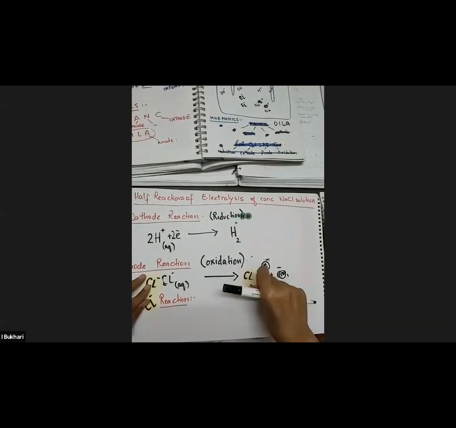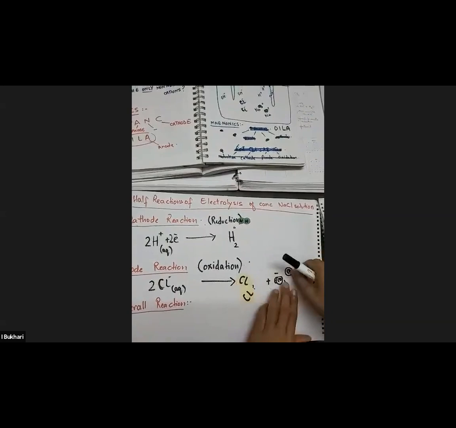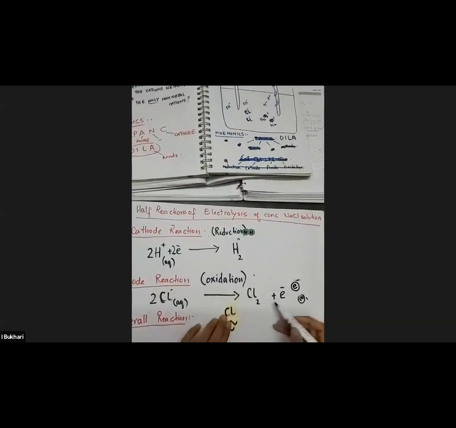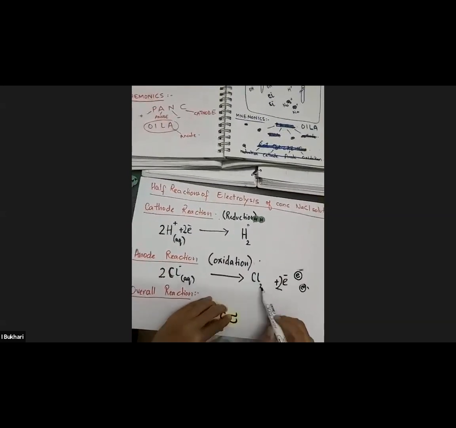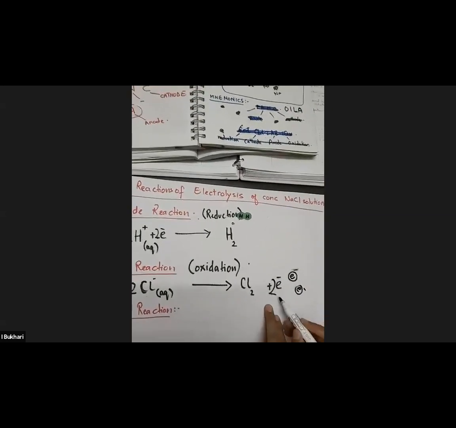This chloride lost this electron and turned into an atom. And so we have a chlorine atom with 2 electrons, chlorine atom with 2 electrons, okay? So 2 chloride ions giving me a chlorine molecule and 2 electrons.